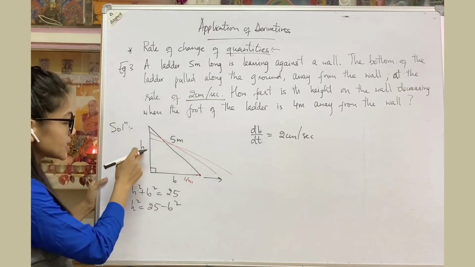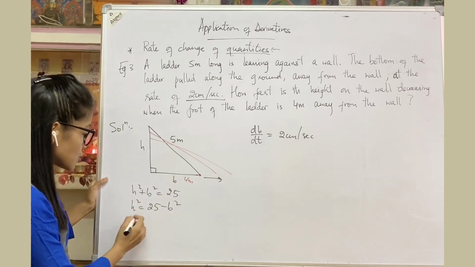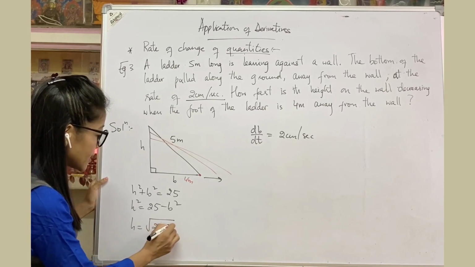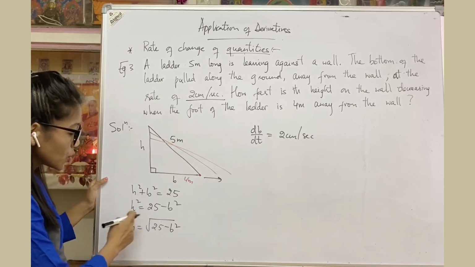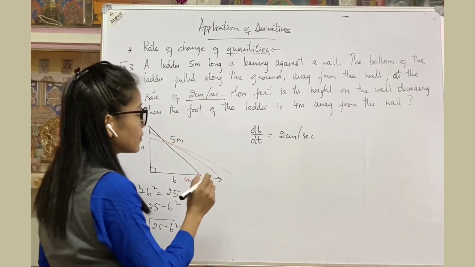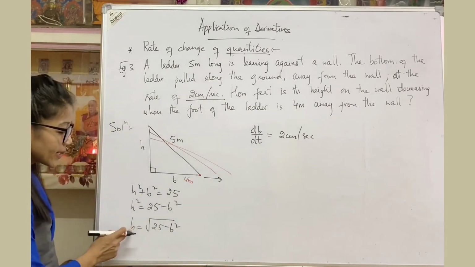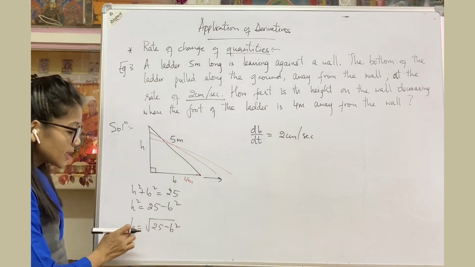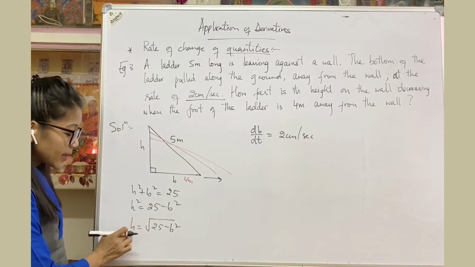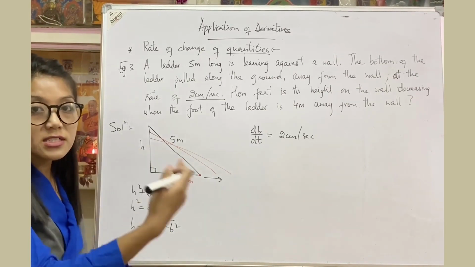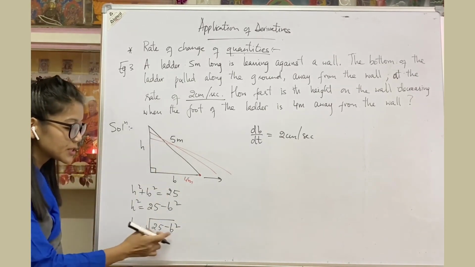Now height depends on base, so we have h equals square root of 25 minus b square. Is it clear? So this is how I'm going to write it. Now we had expressed h in terms of b, so h is the dependent variable and b is the independent variable. Like we expressed y in terms of x, here I have expressed h in terms of b.